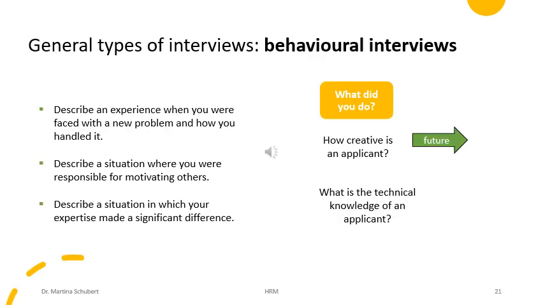Here on this slide you have several examples of behavioral interviews or behavioral questions, which try to find out, based on what you did in the past, a prediction for the future.